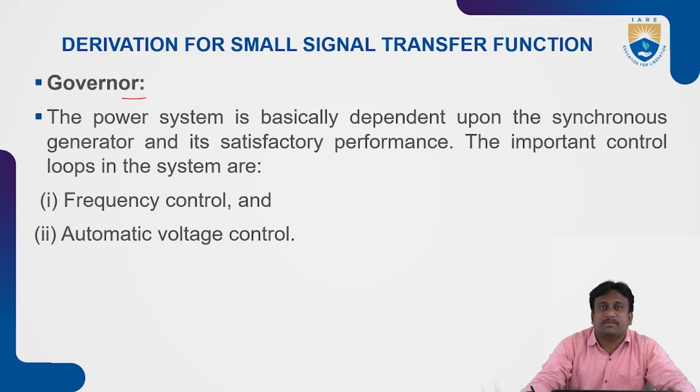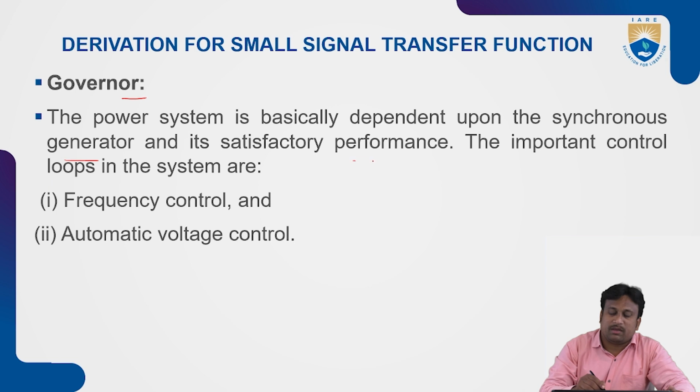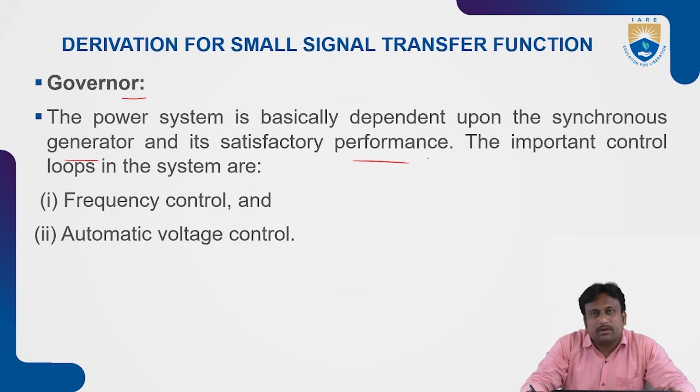The power system basically depends upon the synchronous generator. Here the synchronous generator means our alternator, which produces the power, and it is performed satisfactorily. That means the developed power depends on the satisfactory operation of the alternator or generator.